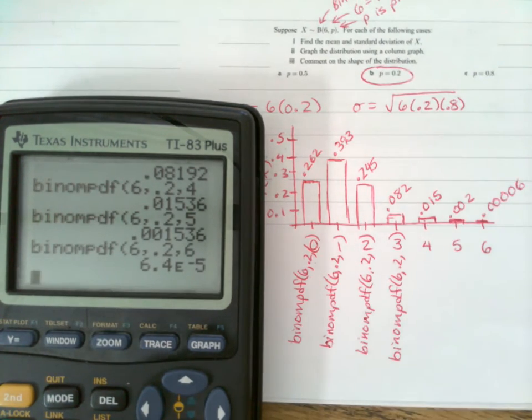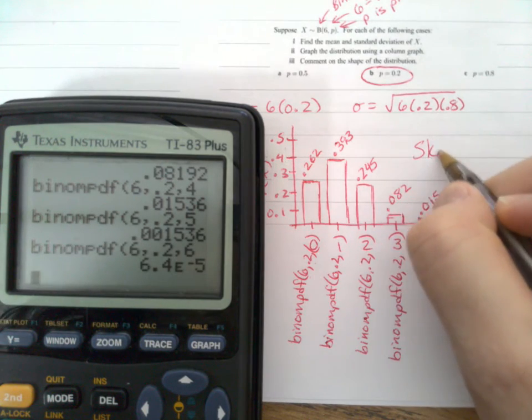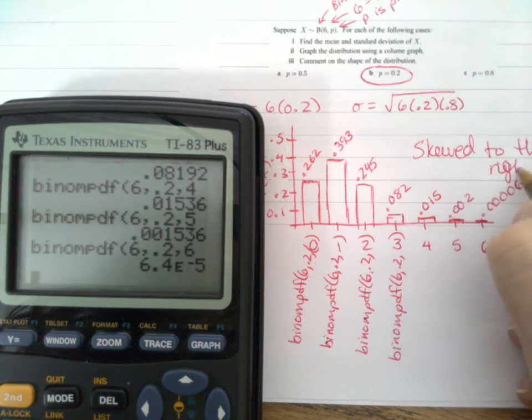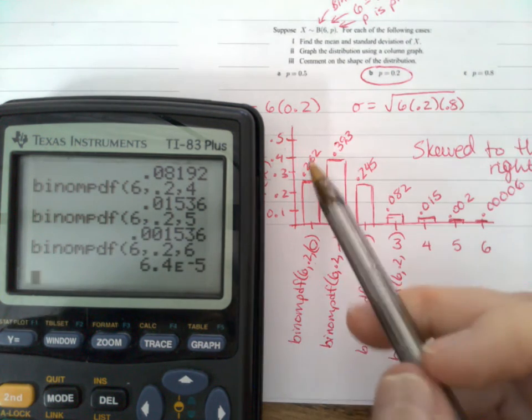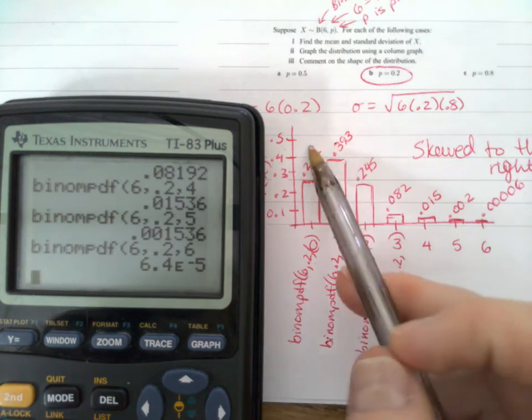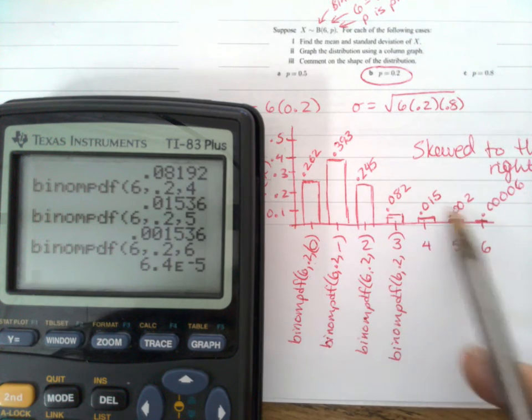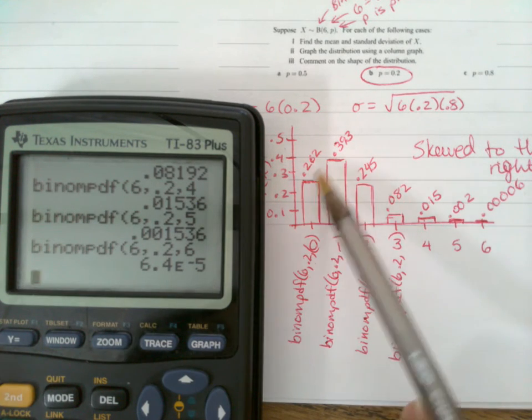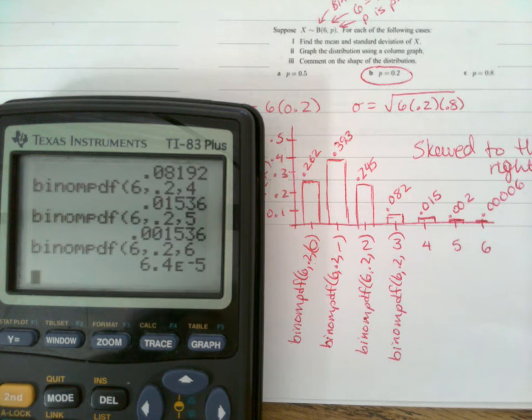And let's talk about the shape of this. This is extremely skewed to the right, because there's a large quantity here on the left, but then as we go over to the right side of it, it drops down very, very quickly. So this is not going to be appropriate to use a normal distribution on.